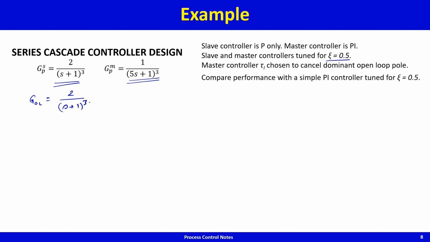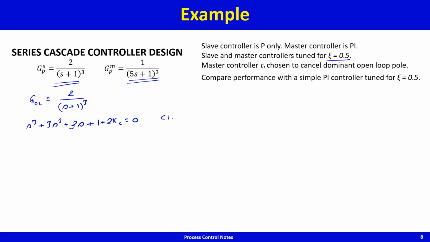So that will give us s cube plus 3s square plus 3s plus 1 plus 2Kc. That's the closed loop characteristic equation for the slave loop.